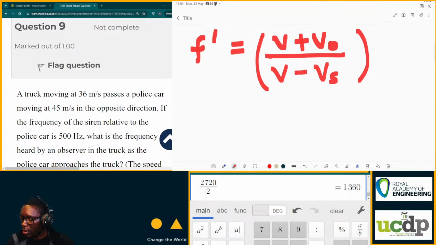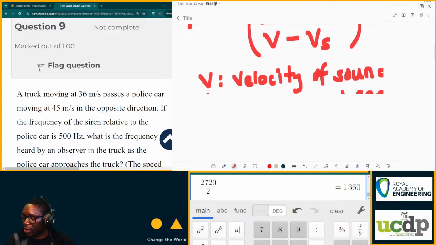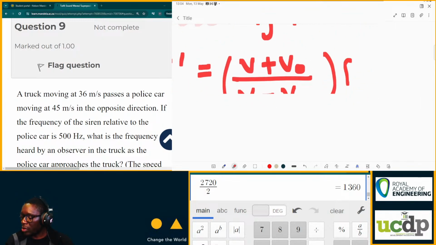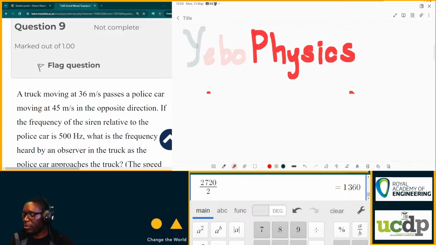Vo is the velocity of the observer. So remember, we've got the observer, and Vs will be the velocity of the source. So we have the source giving off a sound of a certain frequency and the observer observing that frequency. So this F becomes the frequency of the sound from the source.